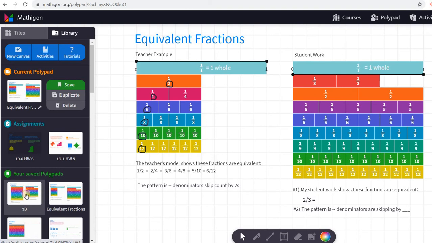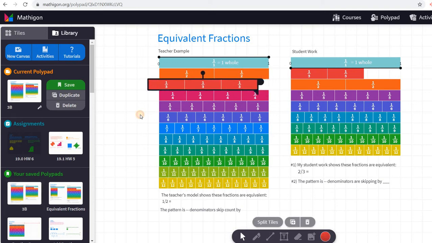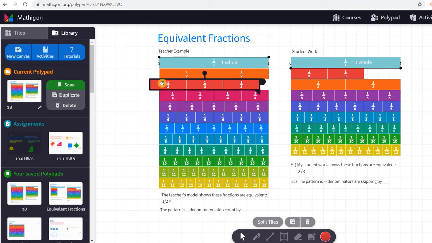So let me demonstrate how to do that. First of all, I want you to notice that all of the fractions are lined up at the 0 point. So when we compare the fractions, I'm not going to just shift them around like this. They need to remain lined up so that I can compare them easily.